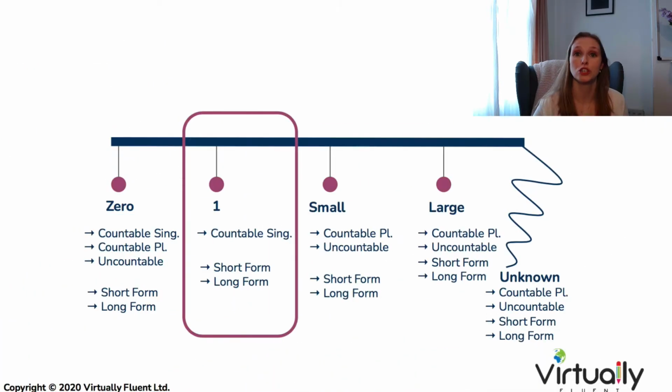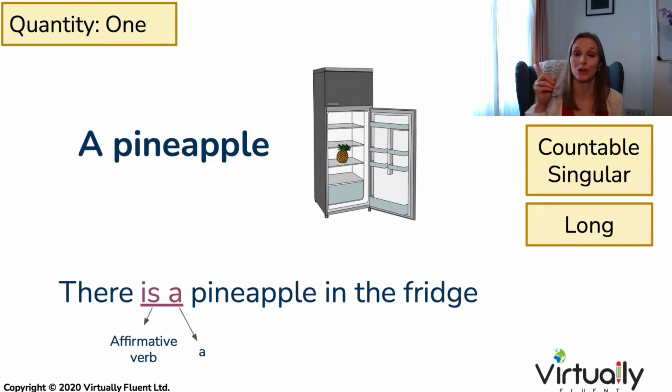Next, we want to move on to a quantity of one, and you should already know this because these are the rules of indefinite articles. Now, because there's only a quantity of one, we're only going to have singular and countable nouns. For example, a pineapple, there is a pineapple in the fridge. So we've got an affirmative verb because the quantity of one exists, and we use the indefinite article a.